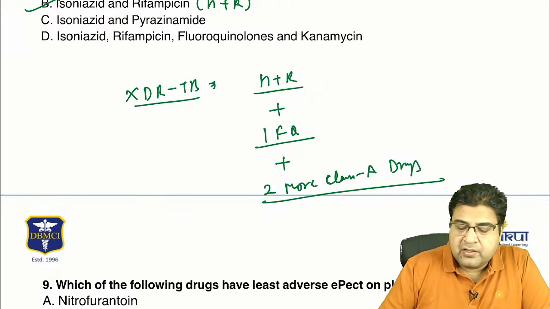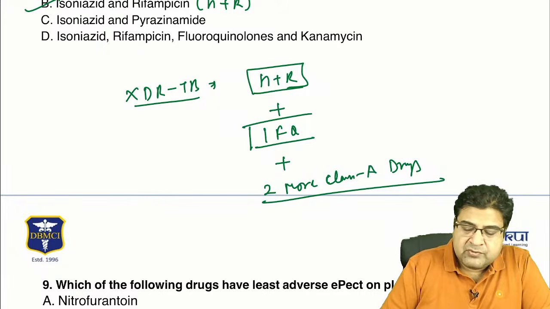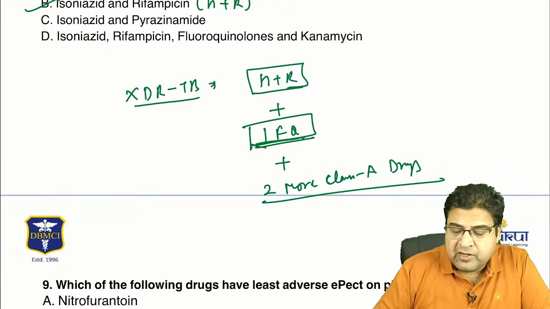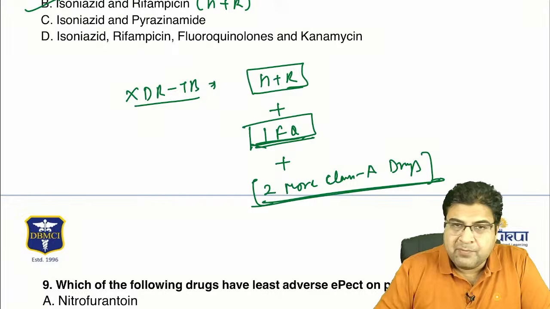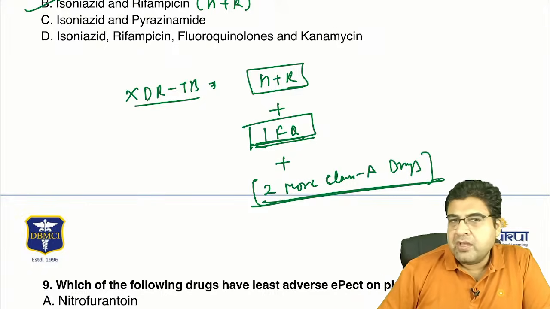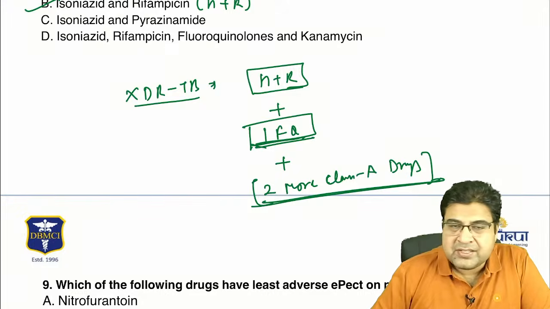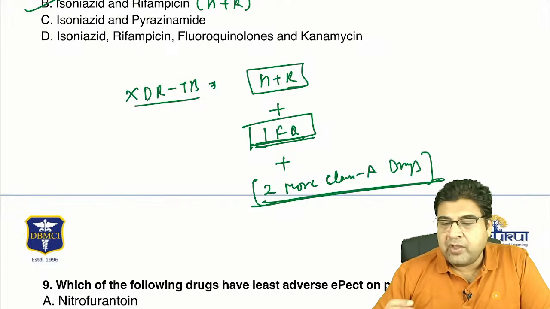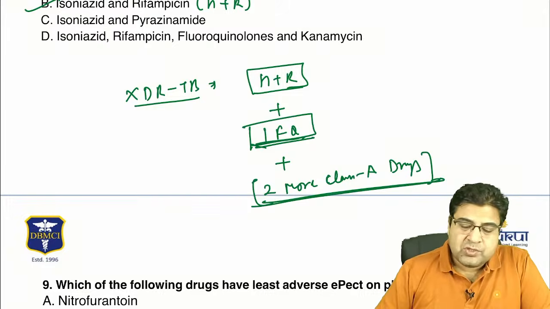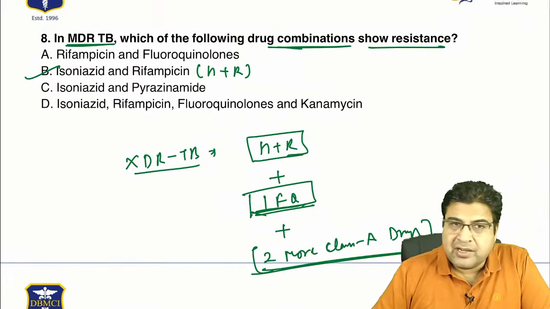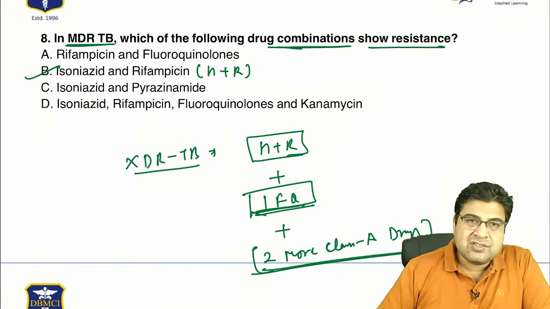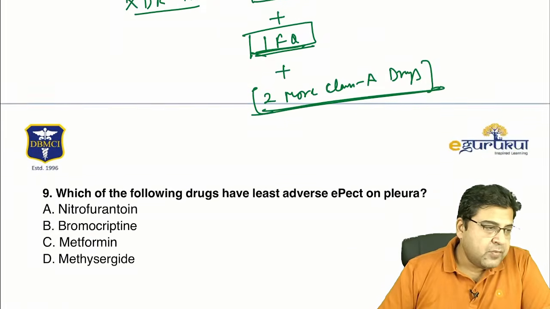So the patient will have resistance to H plus R plus one fluoroquinolone, plus resistance to two more class A medicines, which we also call second line drugs. The main second line drugs are aminoglycosides, linezolid, right? We have medicines like bedaquiline. So question number 8, answer is B, Bombay. It's a resistance of isoniazid and rifampicin, right?